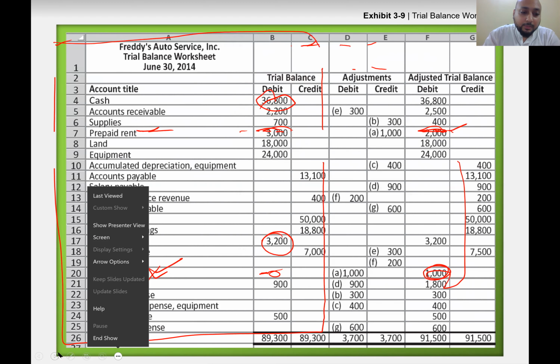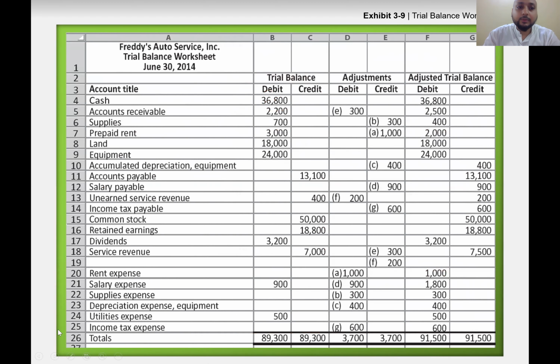The order of the trial balance is, first you write down the assets, first current assets and then long-term assets, then current liabilities and long-term liabilities, and then the owner's equity accounts. After that, we see the income statement accounts. So all the accounts and titles are here.